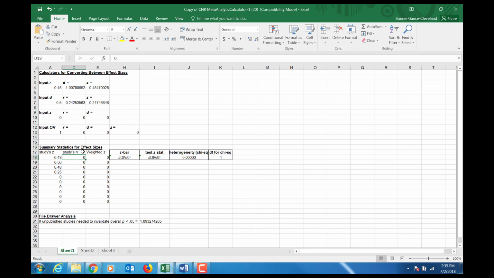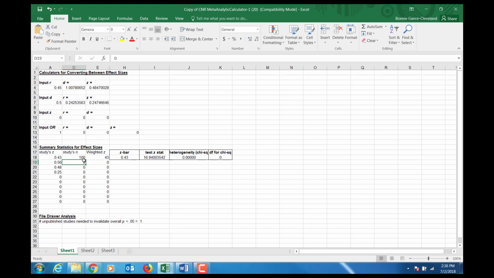The other thing that's important when we're looking at a meta-analysis is not only what was the effect size for that study, but what was the sample size. So we want to input the sample sizes. Remember, we said for study number 1 it had a sample of 100, and certainly a strong effect size with a large sample makes this a bigger impact on the meta-analysis.